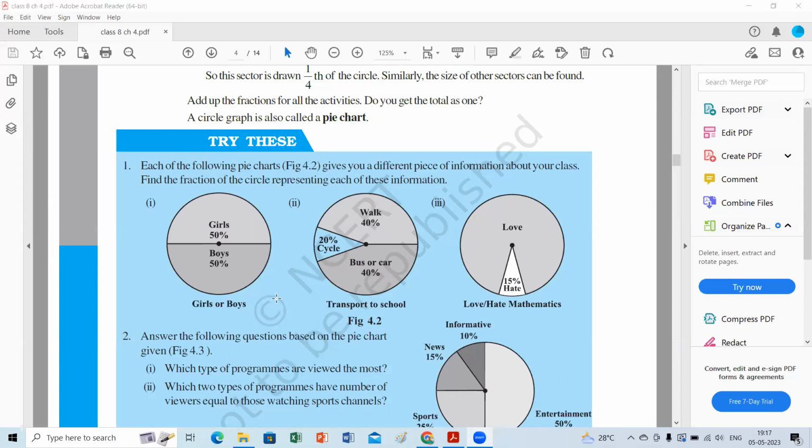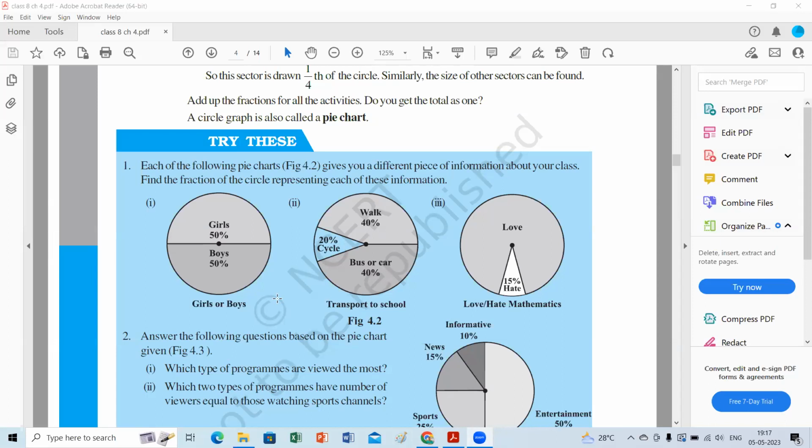Among 100%, 40% are walking. So 40 by 100, which is 4 by 10, which is 2 by 5. Same thing, 2 by 5 walking, 2 by 5 bus or car, and 1 by 5 by bicycle. So altogether 5 by 5, which is the complete circle.